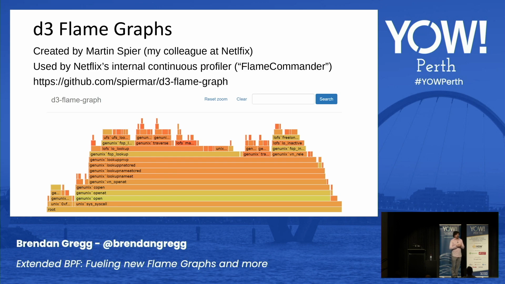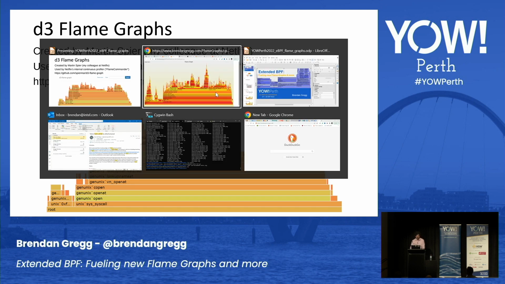Unfortunately, both Martin and I left Netflix before we open sourced it, so I don't know if my colleagues who are still there will ever open source it. It was a cool tool. But at least we did open source the D3 flame graph part. And so that's now being used by companies to do flame graphs. In fact, I've had demonstrations from people showing me the D3 flame graph where they say, Brendan, check this out. Don't you love this, how it does animations? You can zoom in and zoom out.